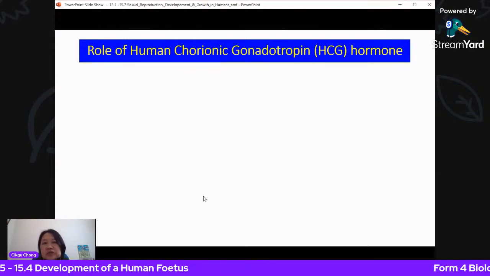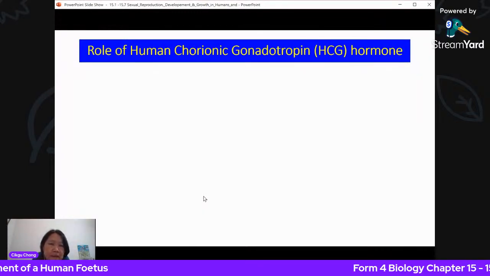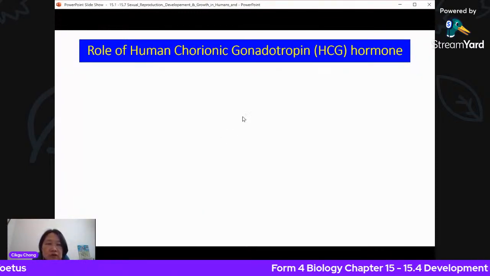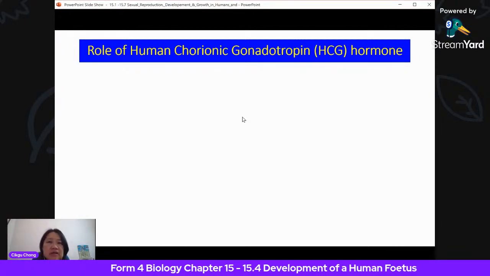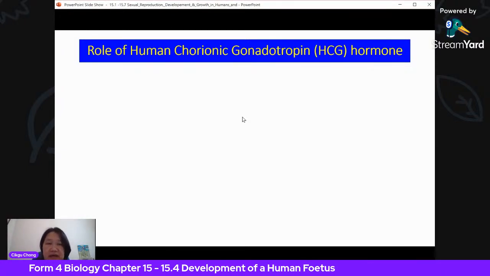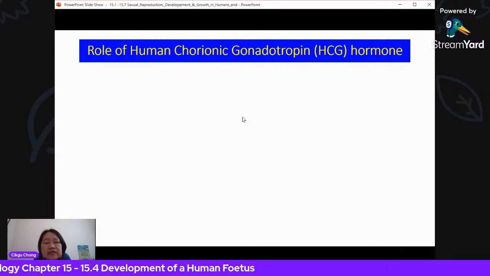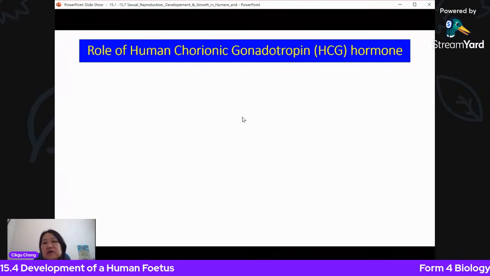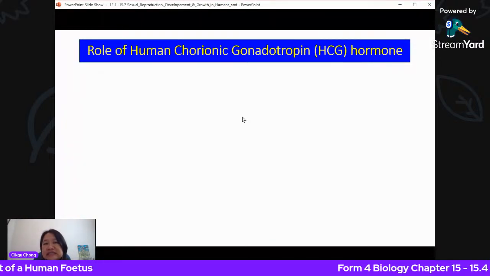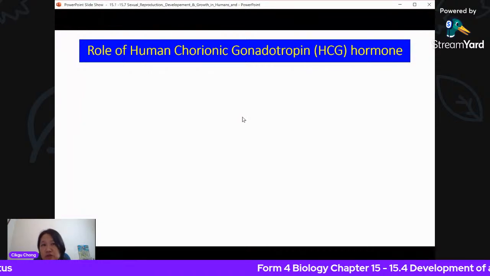Now, let's look at during pregnancy. There's one type of hormone which will be produced more than usual, than before a woman is pregnant. This hormone is known as Human Chorionic Gonadotropin, or HCG for short.